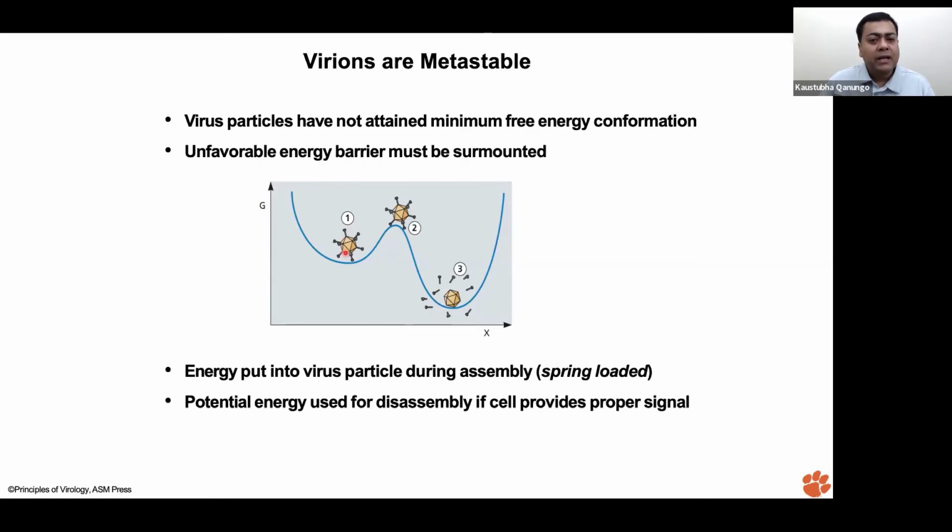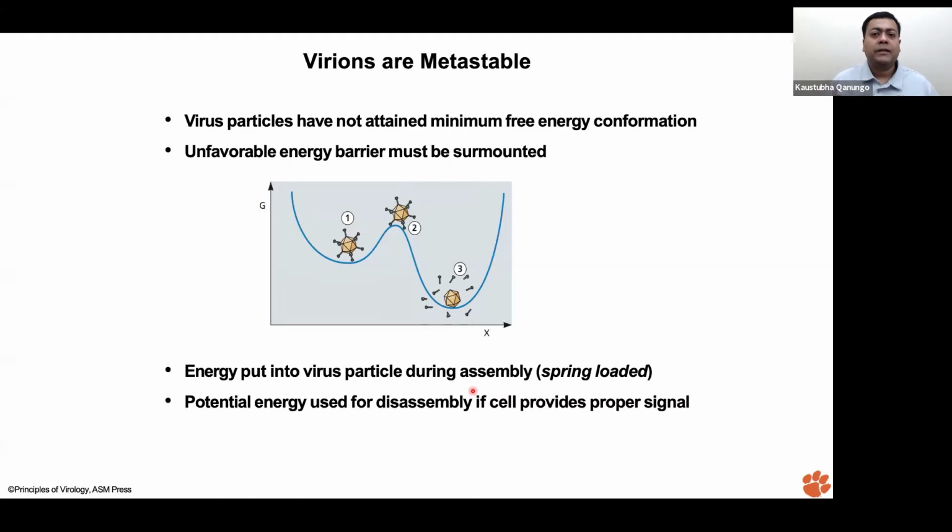In certain conditions, it can go over this hump, and going over this hump is achieved by the interaction of the receptor and the viral particle. Once it goes over that, it can attain the free energy conformation, and spontaneously, this structure is disassembled. And this potential energy, the spring-loaded bonding energy, is used for the disassembly if the cell actually provides the proper signal.